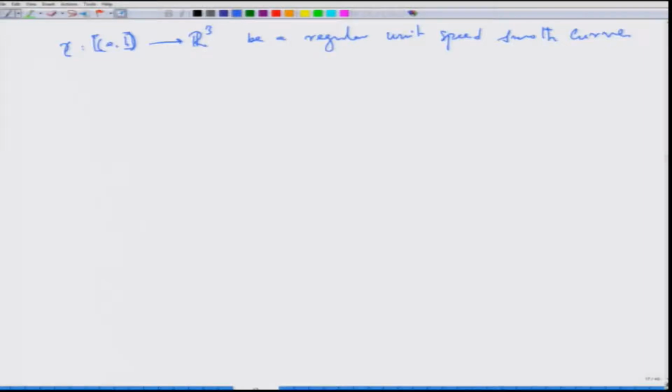What we have done before is that its unit normal eta(s) equals T dot(s) divided by k(s). This we have defined before, right? k(s) is defined this way, and you know eta(s) and T(s) are perpendicular.